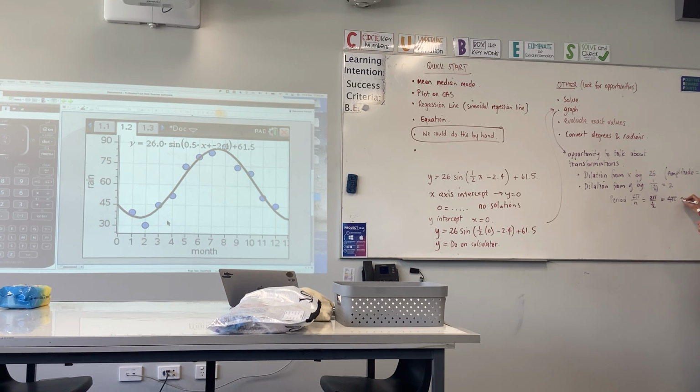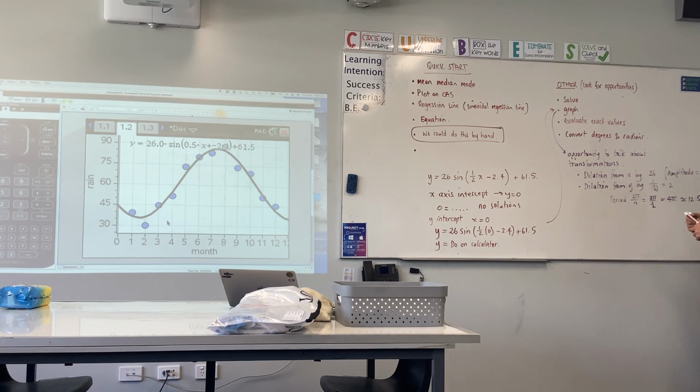Probably a little bit smaller. How does that relate to the context? Why would the period be about 12.5? Does that seem to make sense? There's 12 months in a year, isn't there? So the period being roughly 12 actually fits real life context.